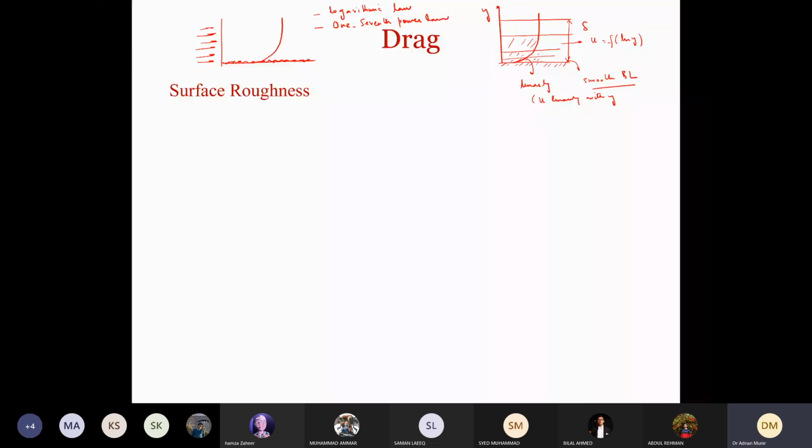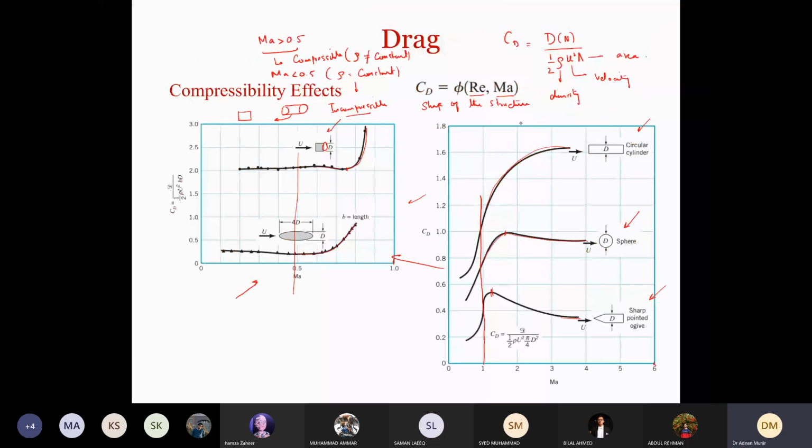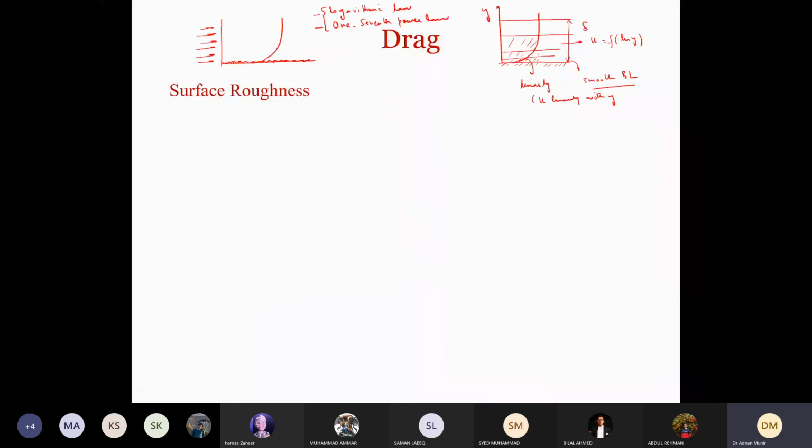I won't be going into details of this. The second assignment that I will be giving you this week is on these two laws. So you have to find these laws yourself and solve a question that I will be giving you in this week's assignment. So you need to know these two laws that govern the rough boundary layer.